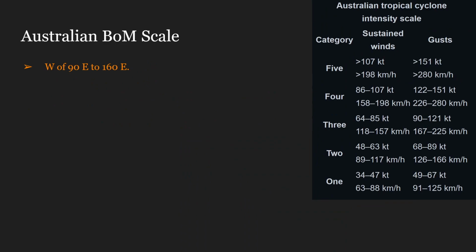Australia. Australia and Oceania have a category scale 1 to 5 and is monitored from west of 90 degrees east all the way to 160 degrees east.